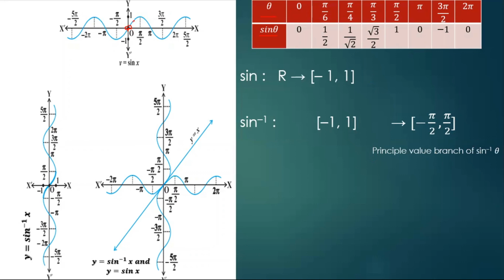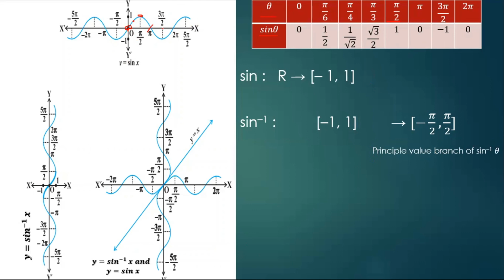So no doubt, we'll go for pi by 2. What is pi by 2? Pi by 2 comma 1. If this is pi by 2, where is 1? Here. Next we go for pi, that is pi comma 0, plotted on the x-axis. Next we go for 3 pi by 2 comma negative 1.